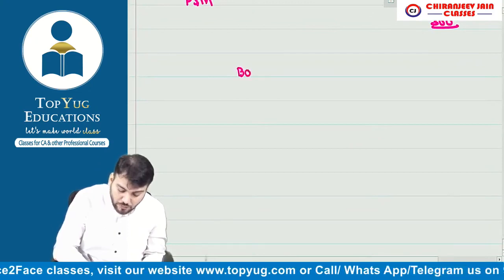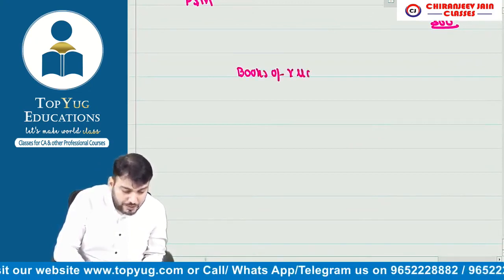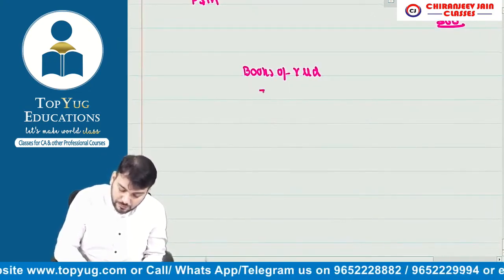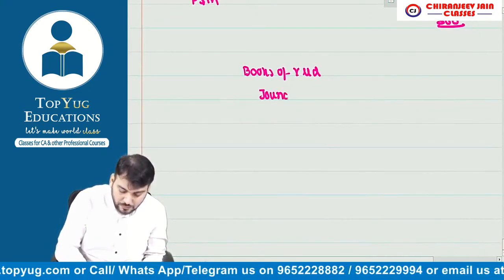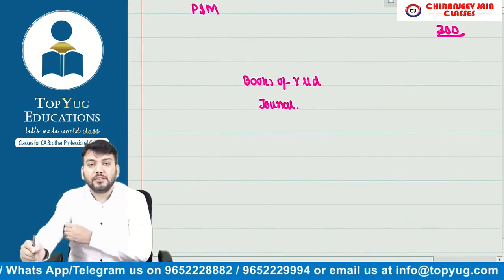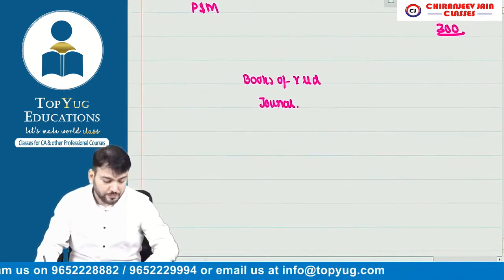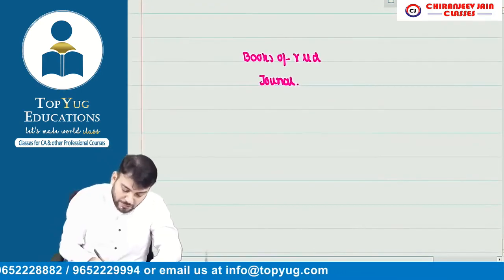So write down books of Y Limited journal. Point number 1.